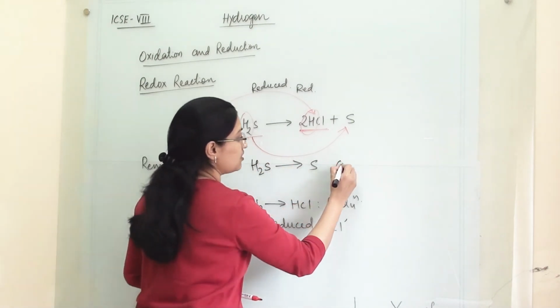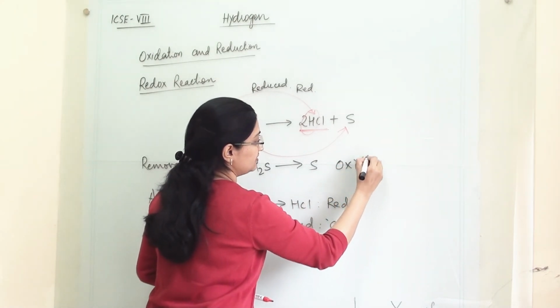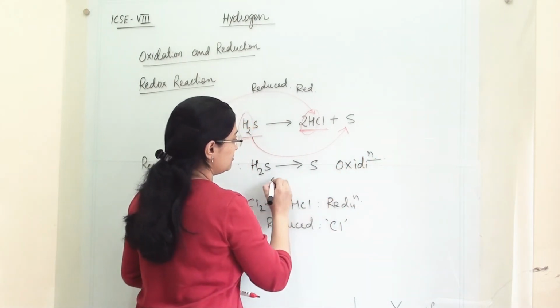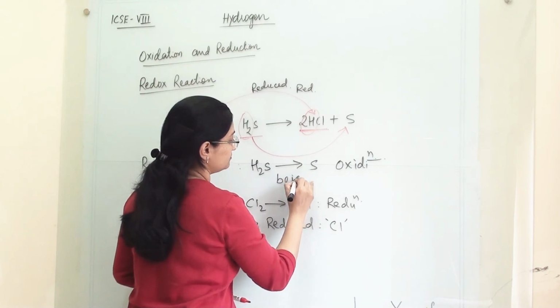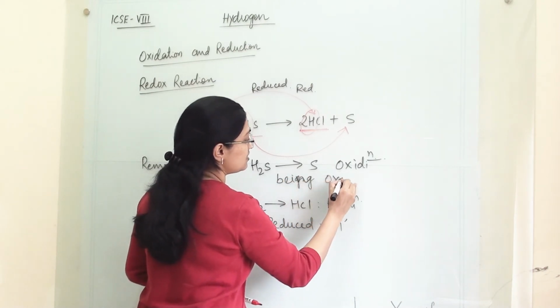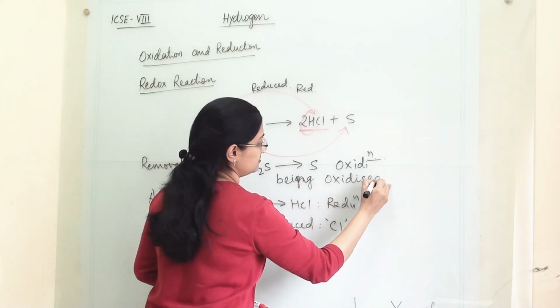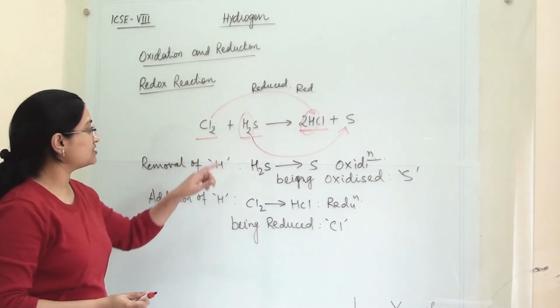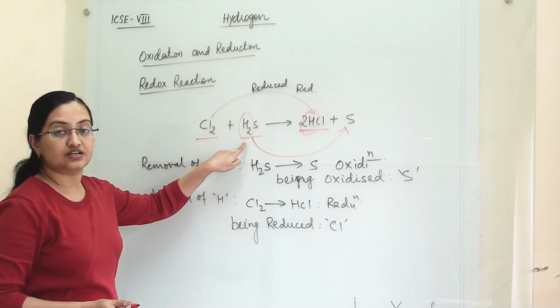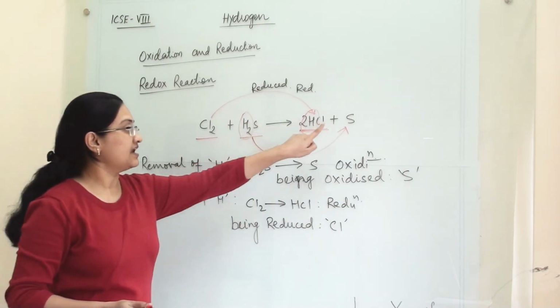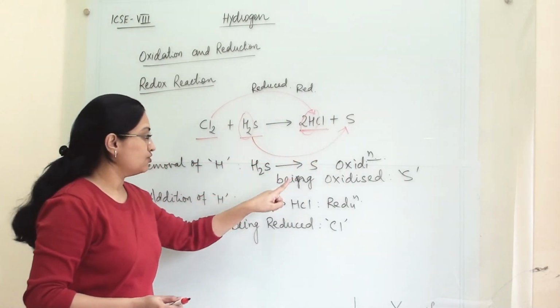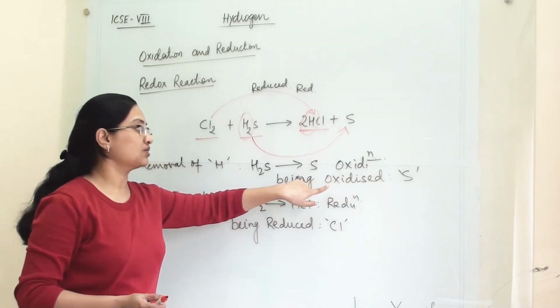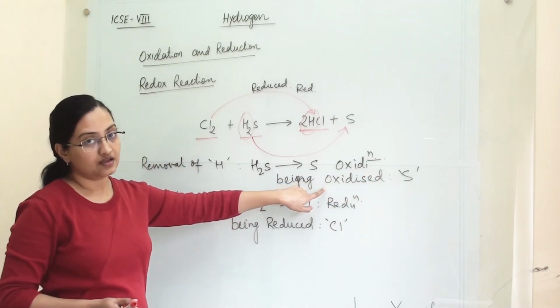So this is an oxidation reaction, and being oxidized, which one is being oxidized? Then sulfur. Because hydrogen earlier was with sulfur and after that it is not. So sulfur is being oxidized in this reaction.